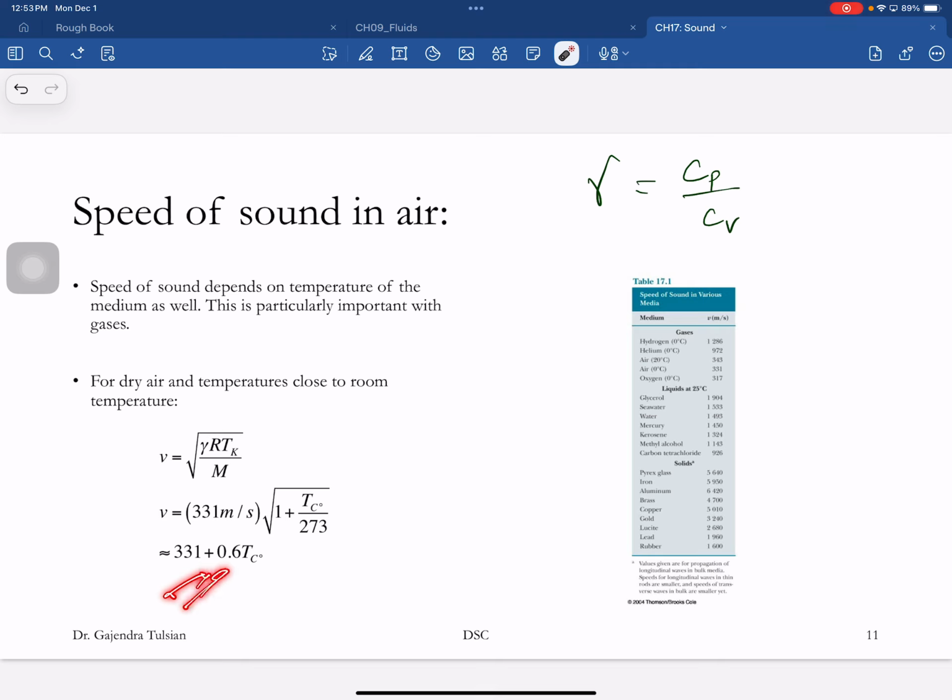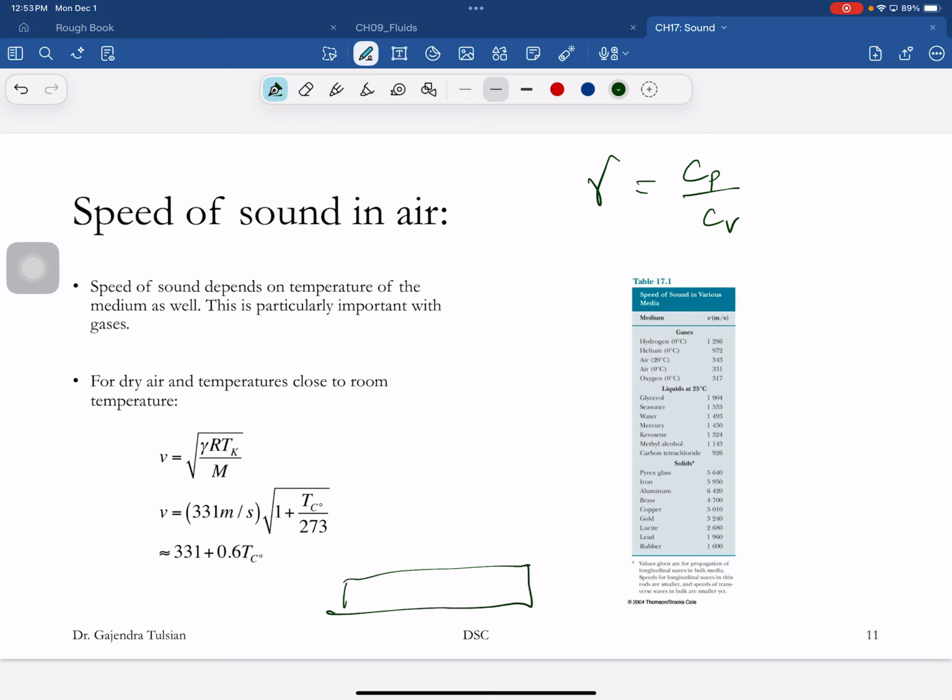Why do we care about this? You might have gone to a concert, and if the playing hall is cold, for instance, if you have a flute that you're playing, the wavelength that you're playing depends on the length of the flute. That's not changing. And the speed of sound is frequency times the wavelength.